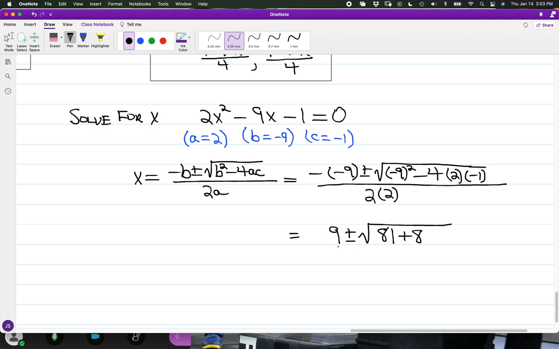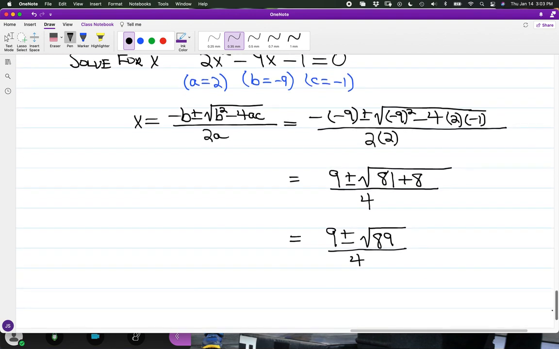So we're now adding 8 as opposed to subtracting 8. We have all over 2 times 2, which is 4. And for the results here, we have 9 plus or minus the square root of 89 all over 4.